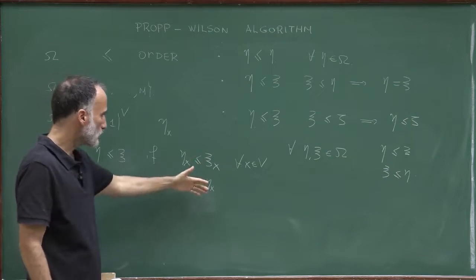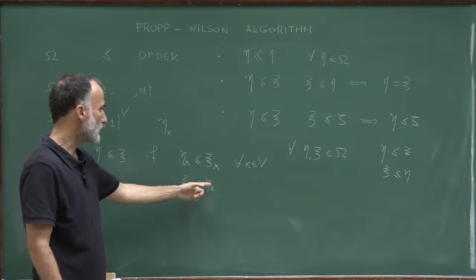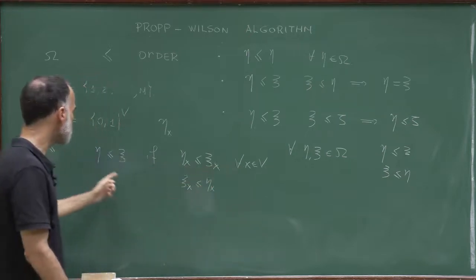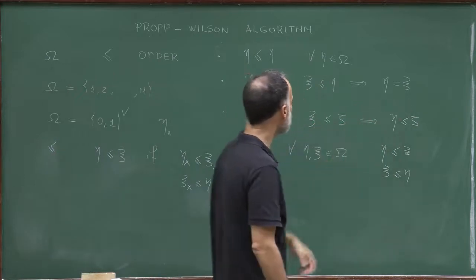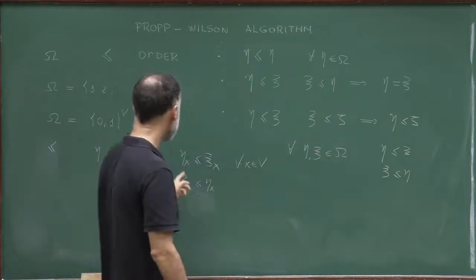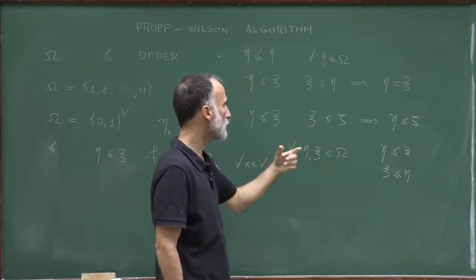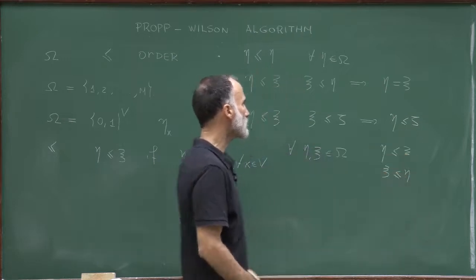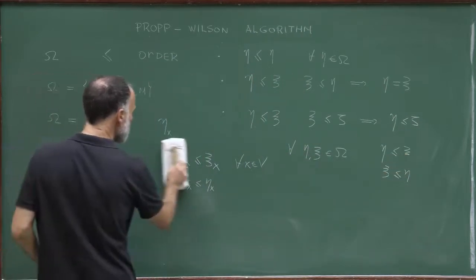So by the total order of the real numbers, this means that eta x is equal to xi x for all x, which means that eta is equal to xi. So this means that the second condition is also satisfied. And this one is also clear: if eta x is less than xi x for all x, and xi x is less than zeta x for all x, this means that eta x is less or equal than zeta x.